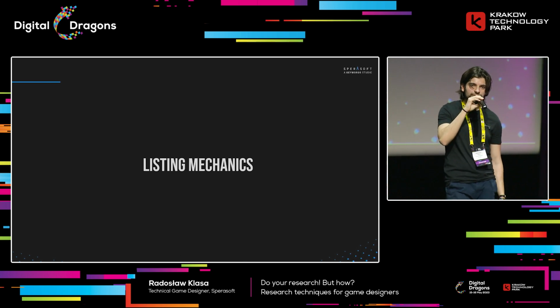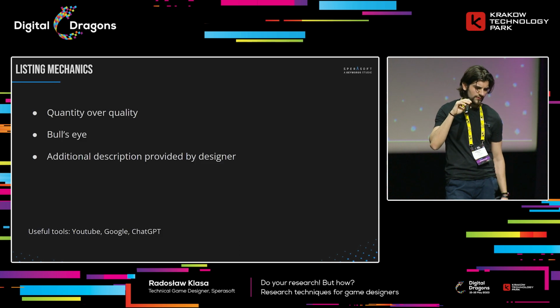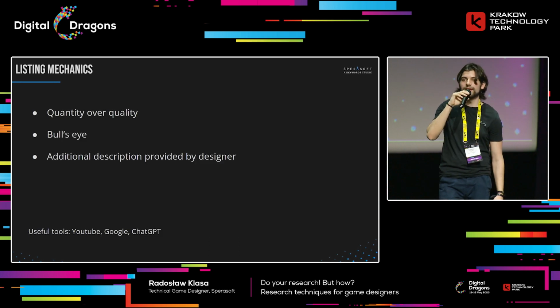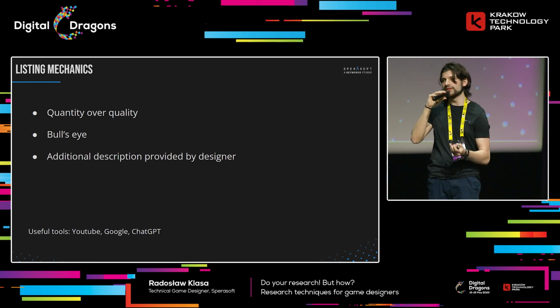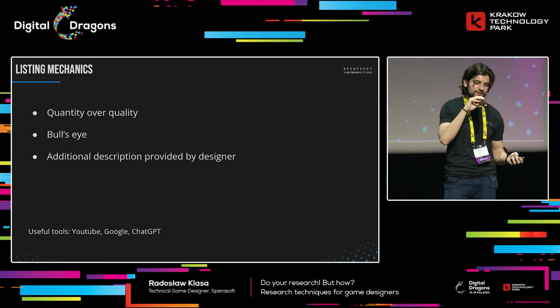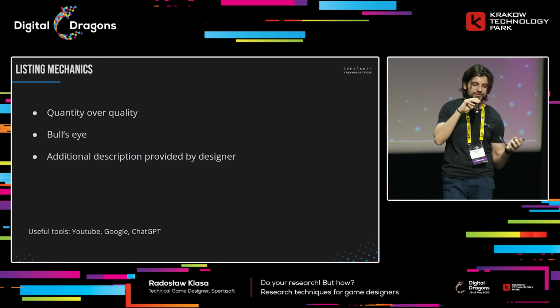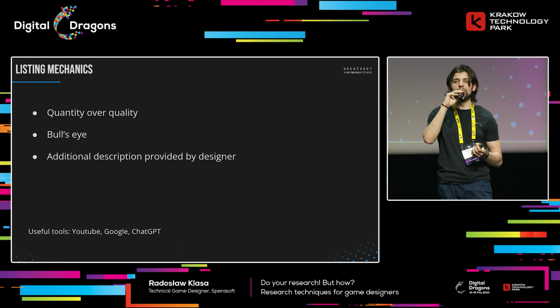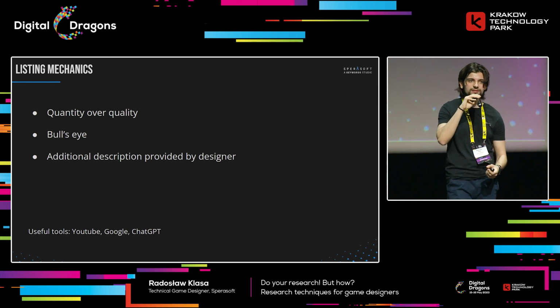So the third kind of mechanic is the listing mechanics. In that approach, the most important thing is to provide a lot of different references, so it's quantity over quality. We are using a lot of different games as references. Providing it in GIFs is the best way.